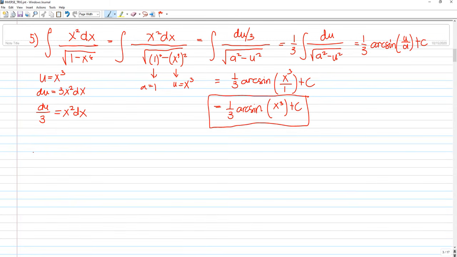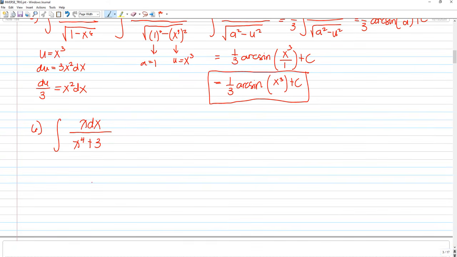Okay, for number 6, let's try to solve the integral of x dx all over x raised to 4 plus 3. Okay, so how do we integrate this?